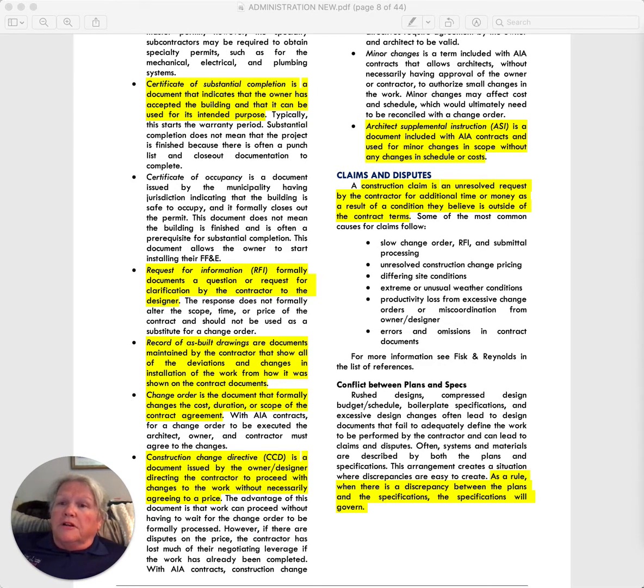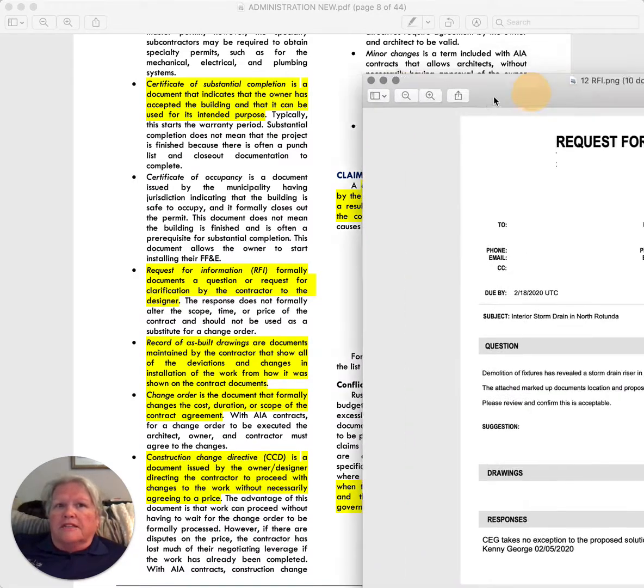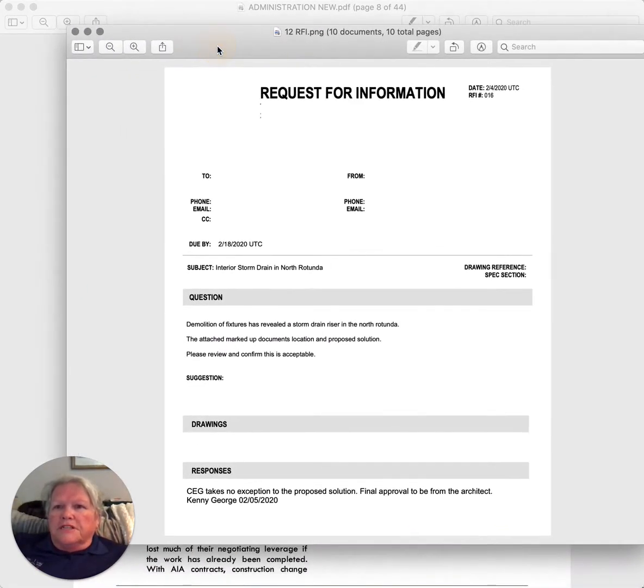So the next thing we're going to talk about is RFIs, requests for information. Per the definition, that is a request for clarification by the contractor to the designers, the architect or engineers. So here's a sample of an RFI. You indicate who it's from, who it's to, and you state clearly the question.